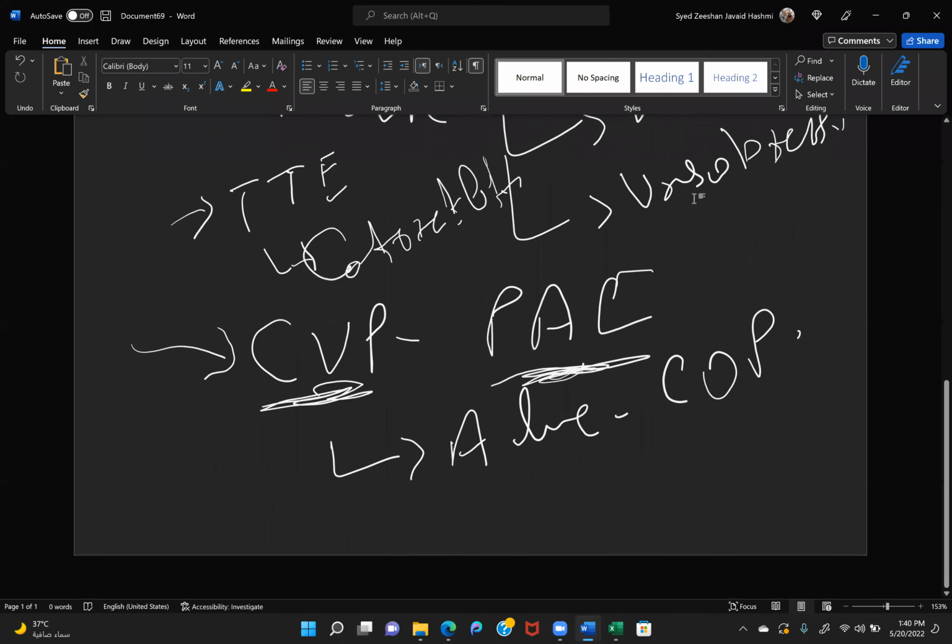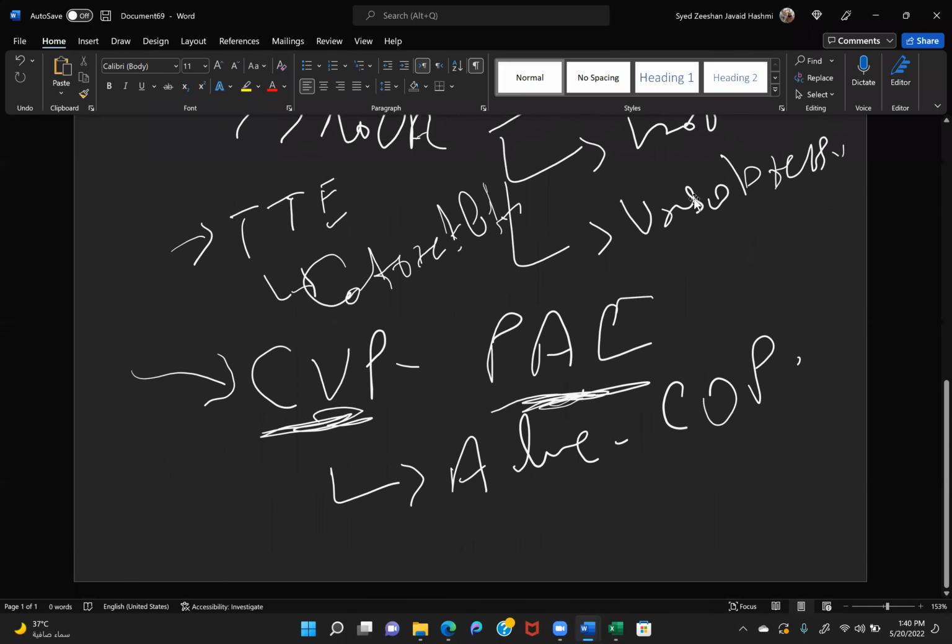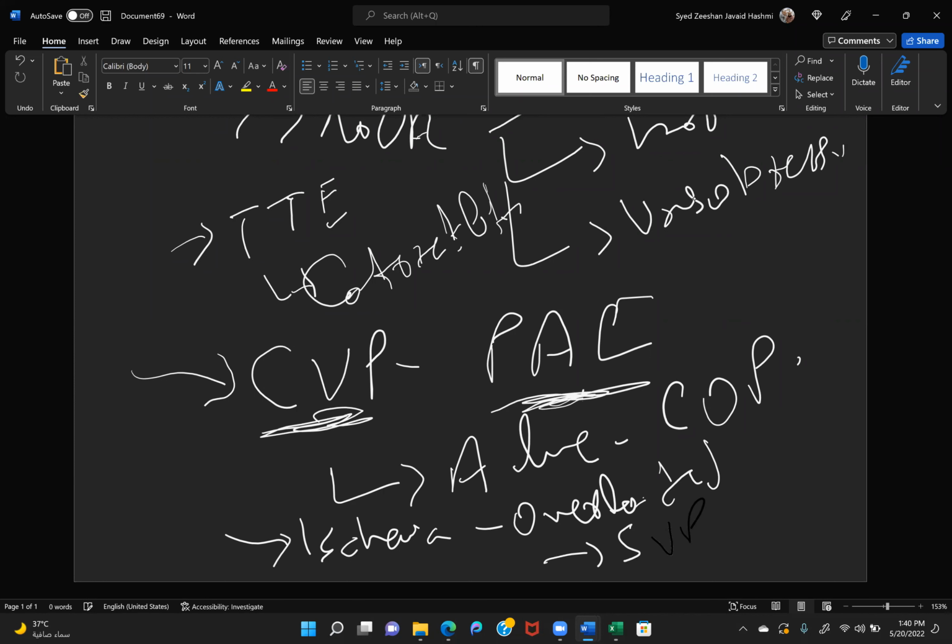And your purpose is to see the end result: whether there is some ischemia going on, whether there is some overloaded condition, how is SVR, okay, how is cardiac output. Because that's how you will be doing or changing your management, okay.